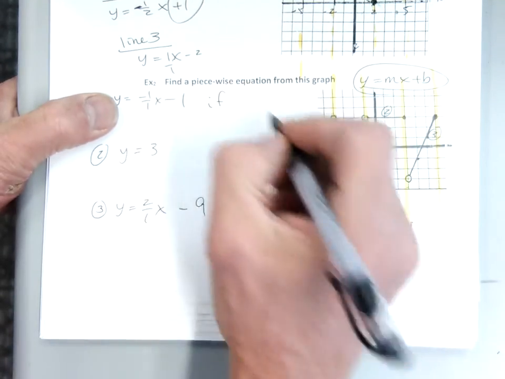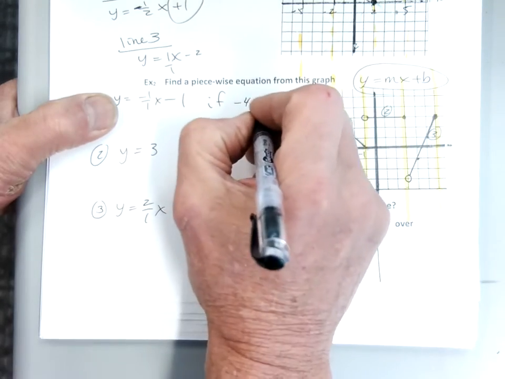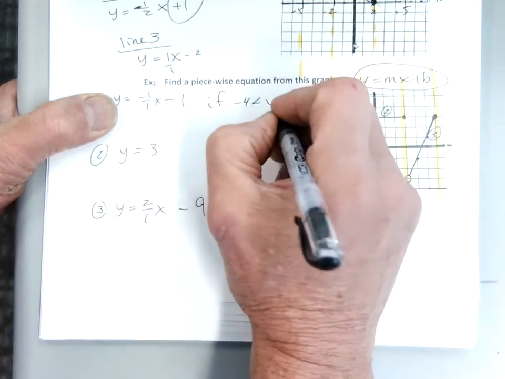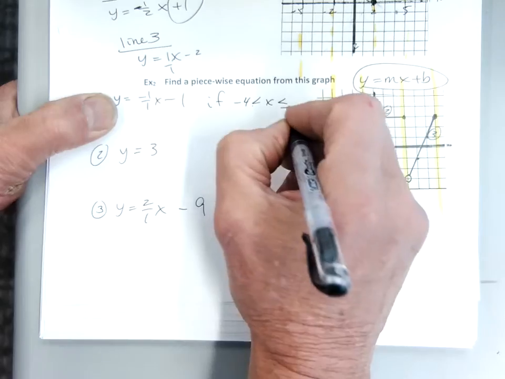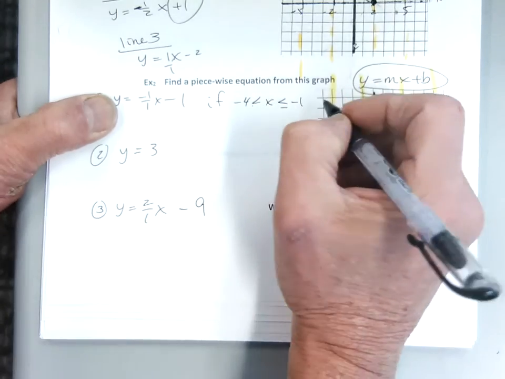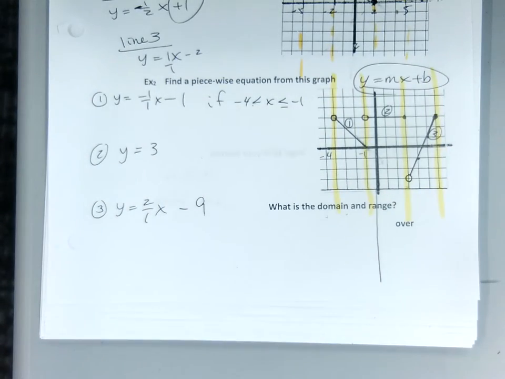If we're between -4 is less than x, less than or equal to -1. All right? Smart kids. There's no equal sign here, right? Because there's an open circle. All right, good.